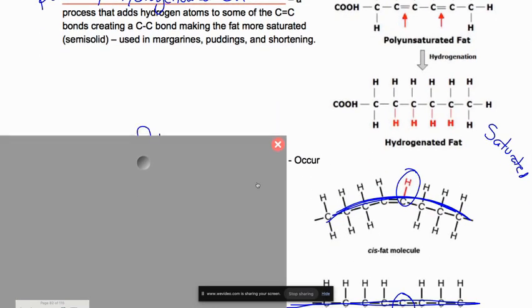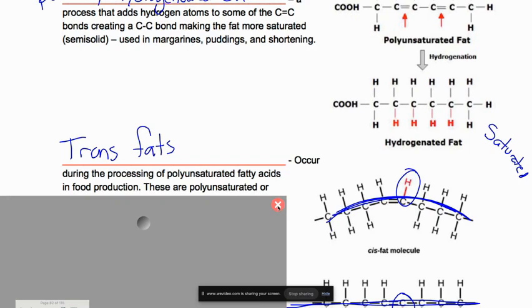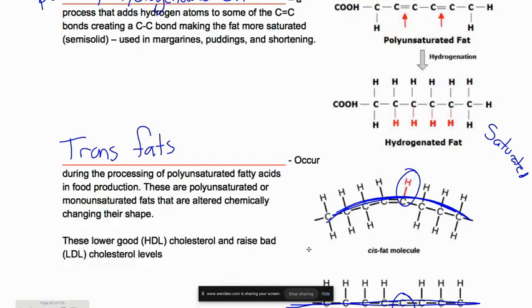The other thing you might hear of is trans fats. They're becoming more banned around the country and internationally. This occurs during the processing of polyunsaturated fats in food production. They are polyunsaturated or monounsaturated fats that are chemically altered to change their shape.